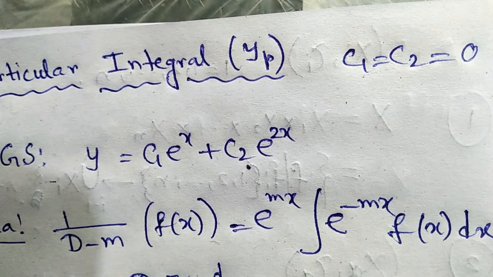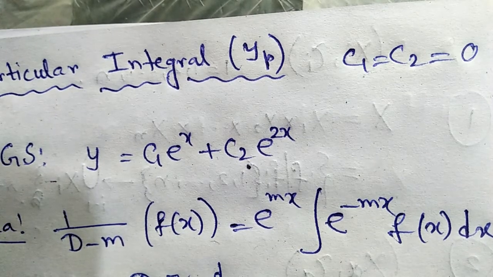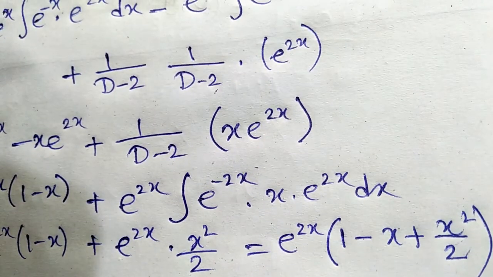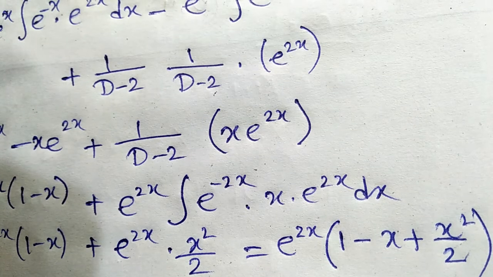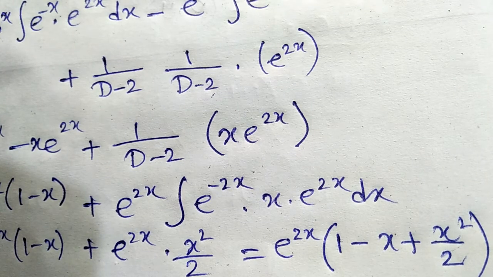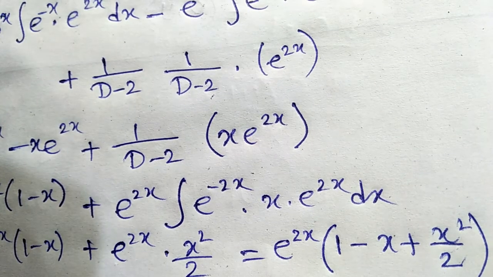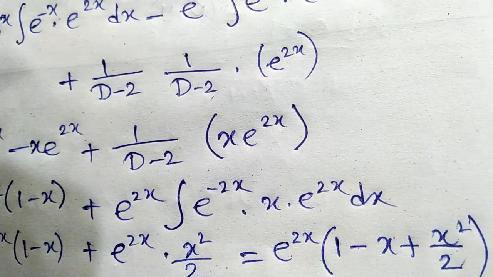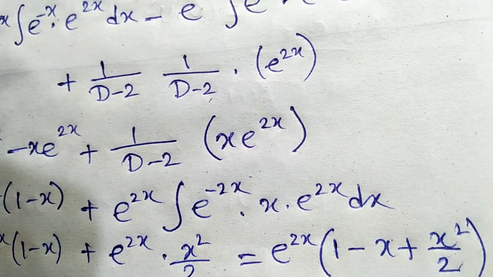I just say that in case of particular integral, we can see there is no arbitrary constant. So the value of the arbitrary constants in the particular integral are all 0, whereas the value of the arbitrary constant in the particular solution is any constant term, maybe 0, maybe 1, maybe 2, anything.